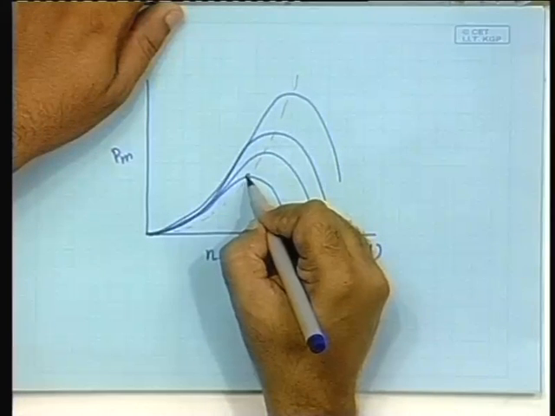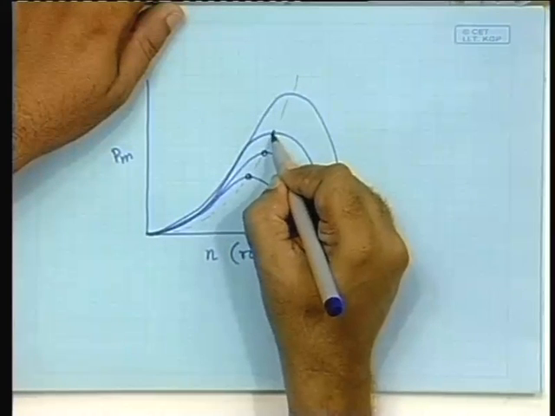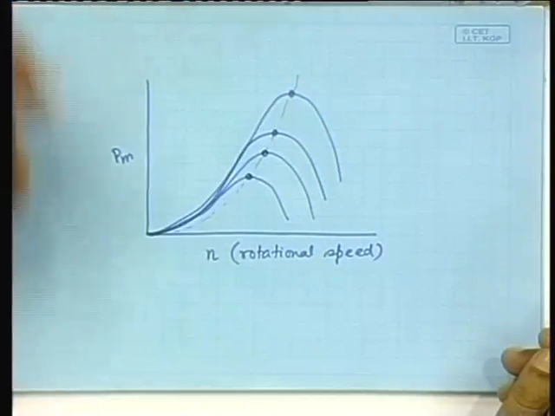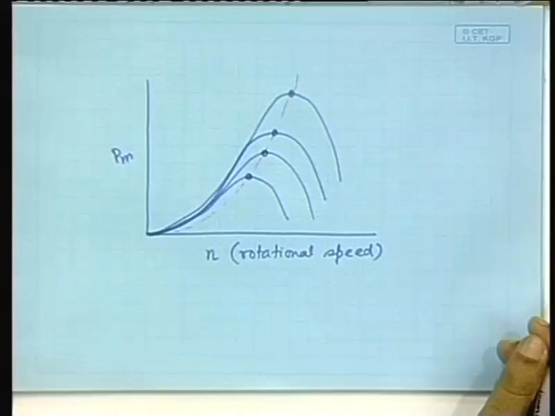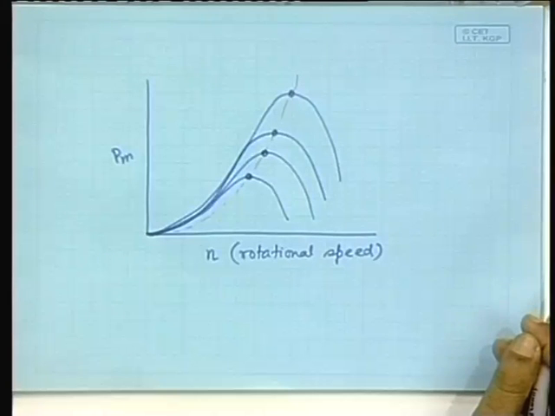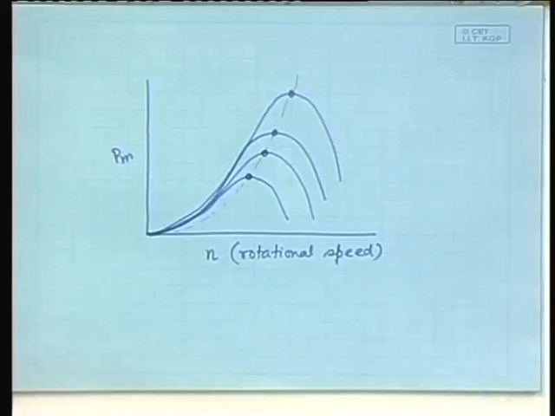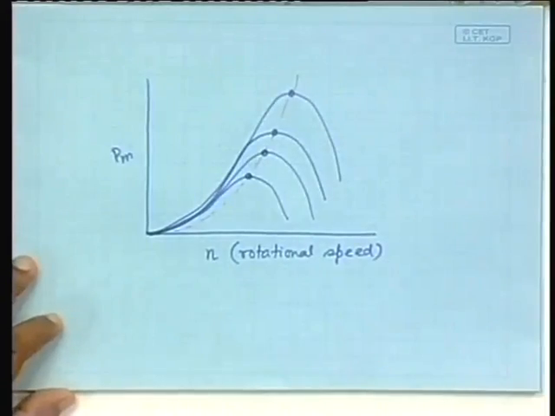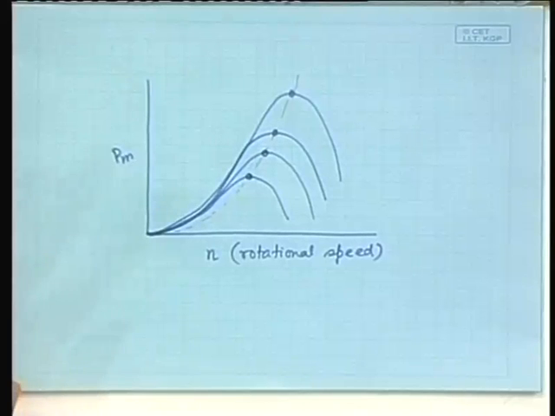So that the peak powers should follow the cubic characteristics. And because the maximum power depends on omega cube, the speed of rotation, people try to reach as high as possible speed of rotation.